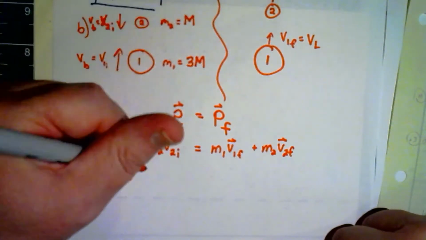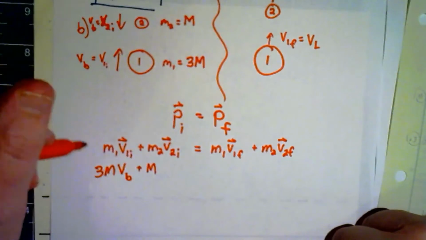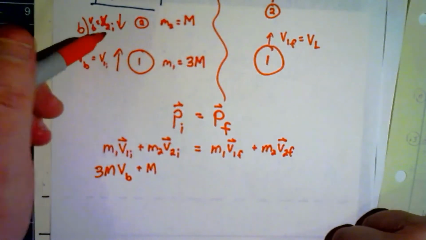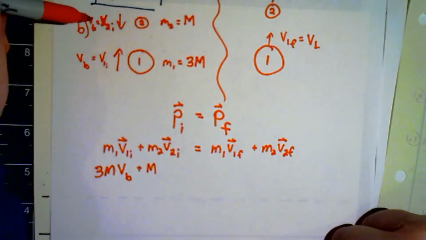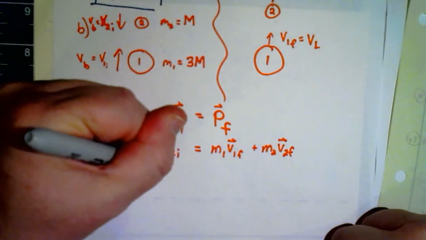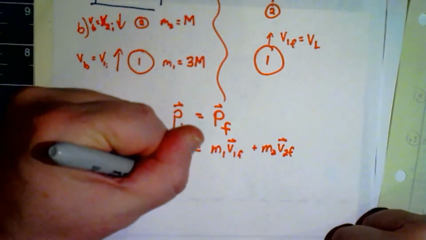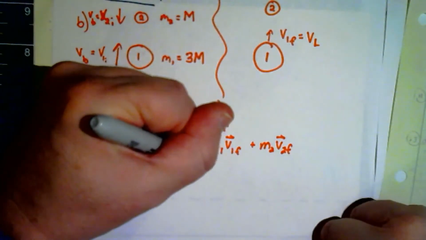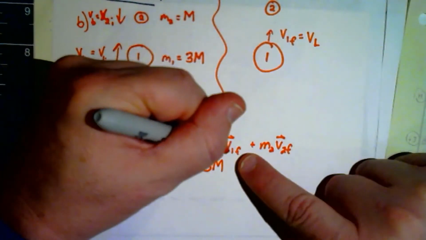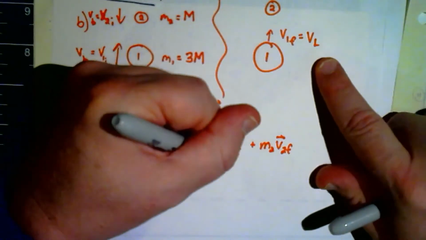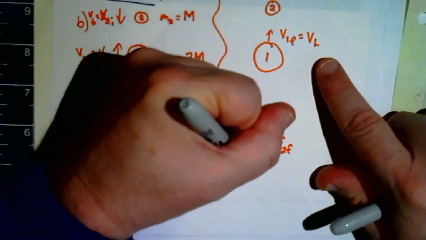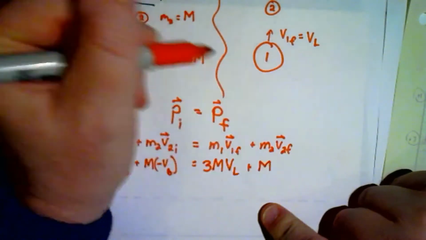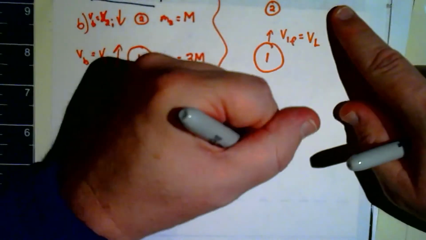M2 is just M. V2 initial is moving downwards, so that's a negative VB. M1 once again is 3M. V1 final is VL. M2 is just M, and V2 final is VS.